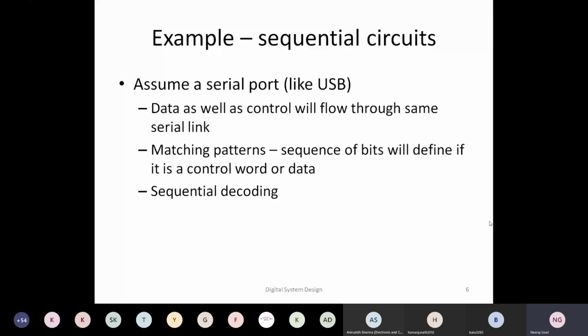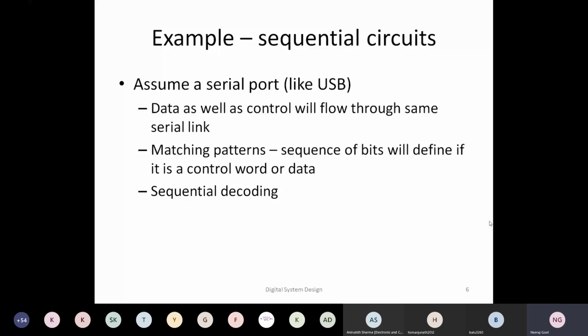If those patterns are found, then you will definitely say that this is a particular control command, for example, one starting with data. All this sequencing, because we have to identify those patterns and match them, and they are all coming in a serial fashion, needs to remember the previous inputs.